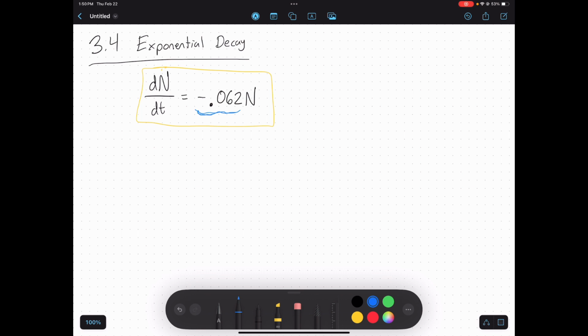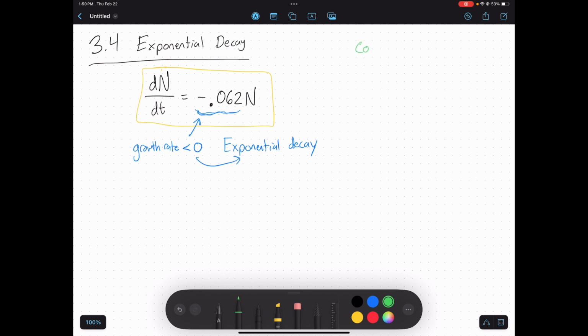This tells me this is exponential decay. Right? I think we called this in our last video the growth rate. Well, if the growth rate is less than 0, I'm working with exponential decay. And so that's what we're going to focus on today. We're going to focus on exponential decay, where we see this in different examples.